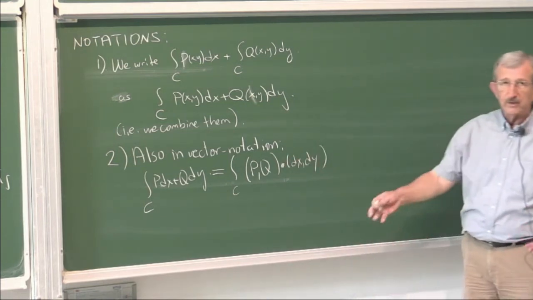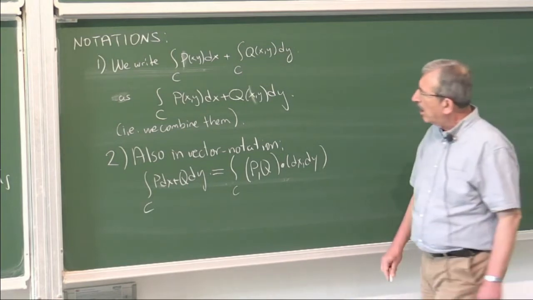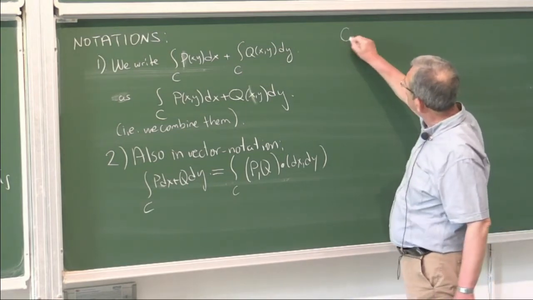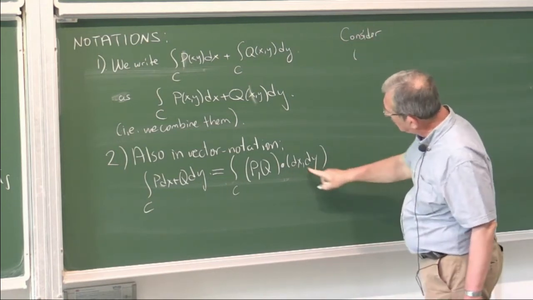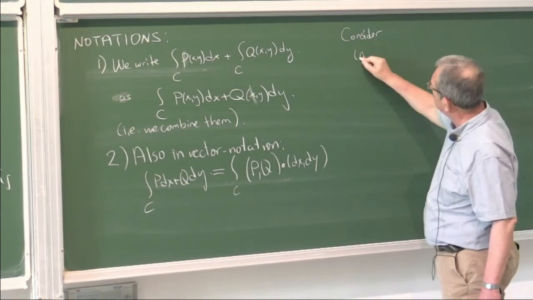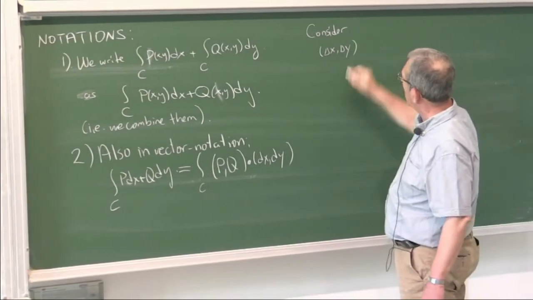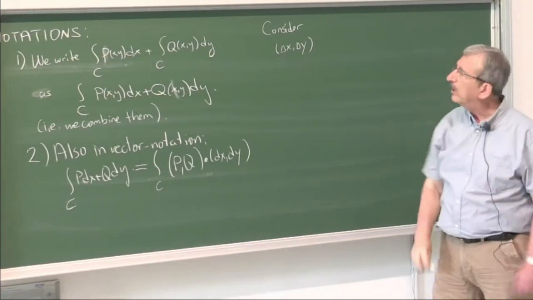So we are doing nothing, just playing. Well, at this point, let us consider, I will not write the differential notation, but delta x, delta y, to understand what's happening in a better way.